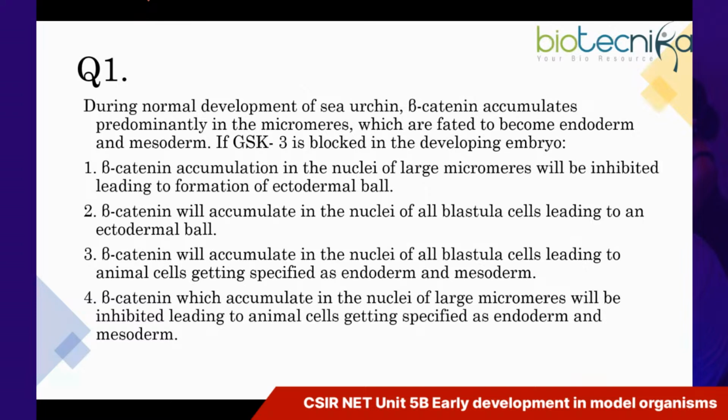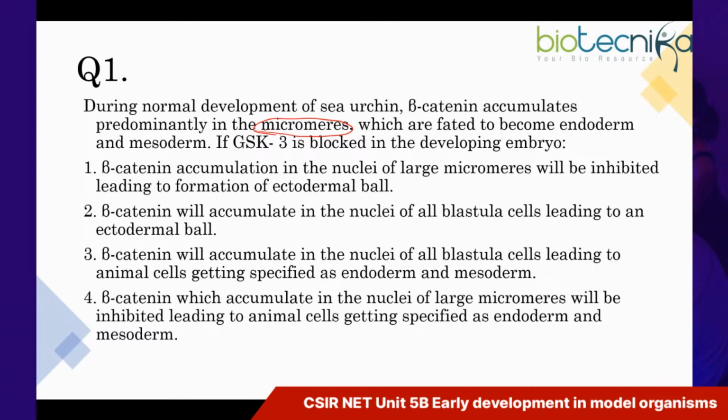During normal development of sea urchin, beta-catenin accumulates predominantly in the micromeres. For this, you need to know all types of cells which are there. What all cells are present in the micromeres?